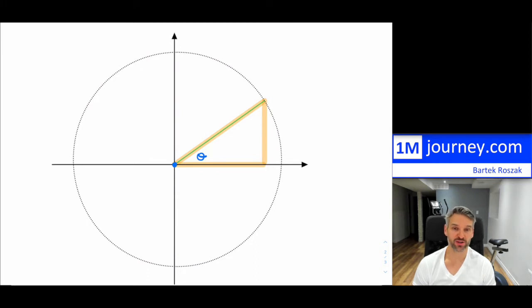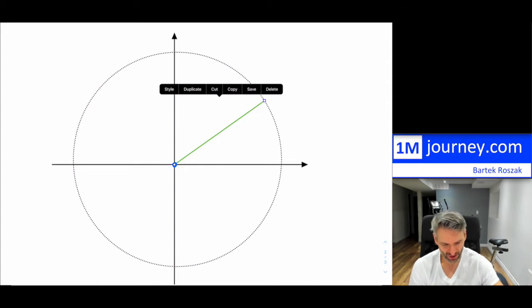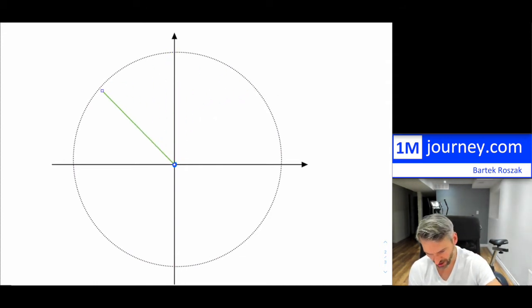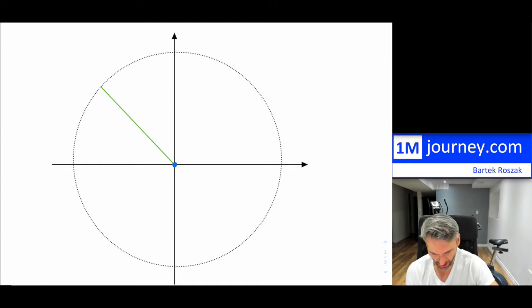Now, our question is, what if you start moving this? Let me remove this, but what if you said, I want to create a much bigger triangle, something like that. And now my triangle is this.